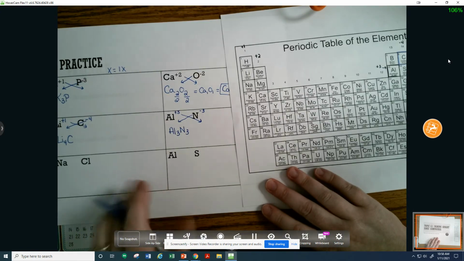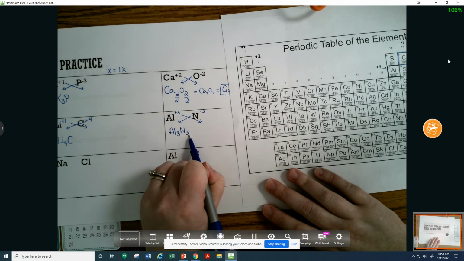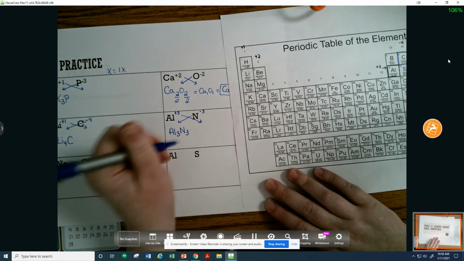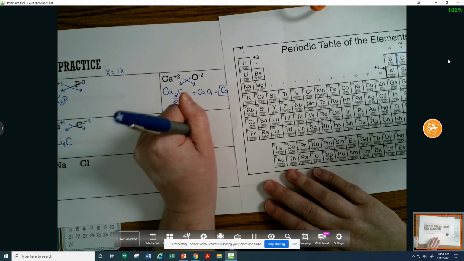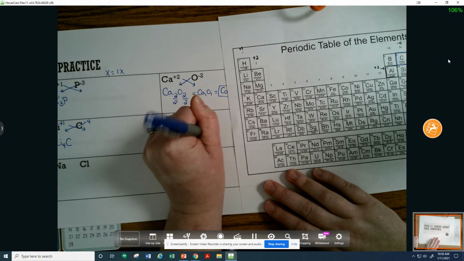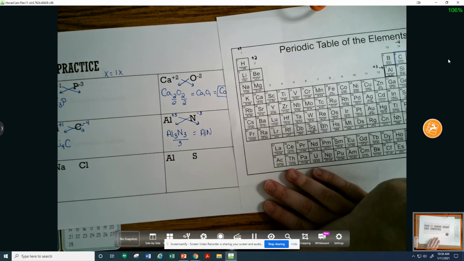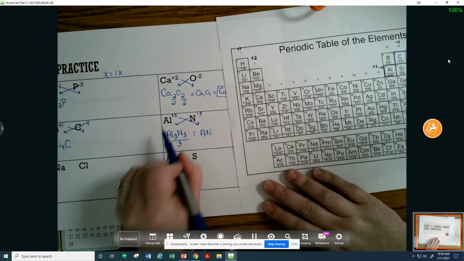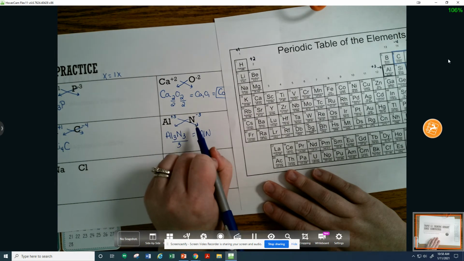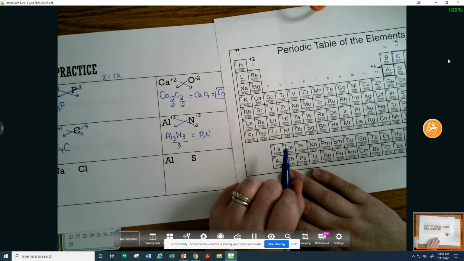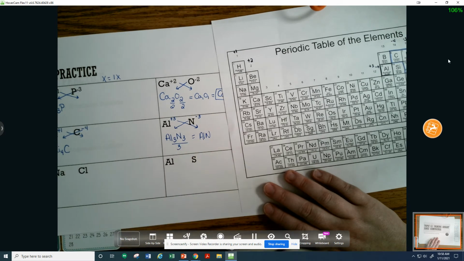Looking at my combination here, I have a 3-to-3 ratio. They're both divisible by 3, so I can simplify these out. So it becomes Al1N1. I don't need to write the ones, so what it's saying is this is a 1-to-1 ratio. It takes 1 aluminum giving up 3 electrons, 1 nitrogen gaining the 3 to get both of these to an octet.